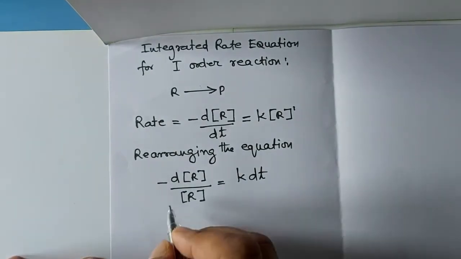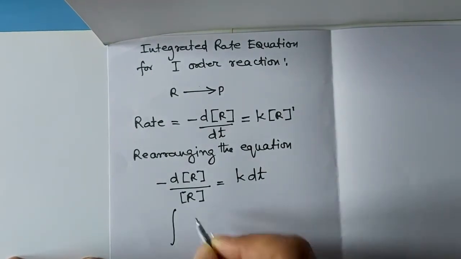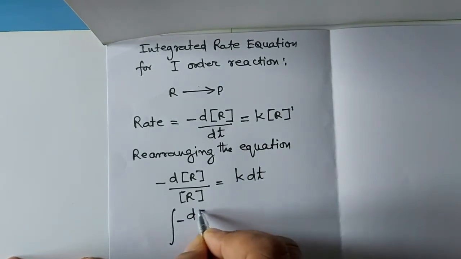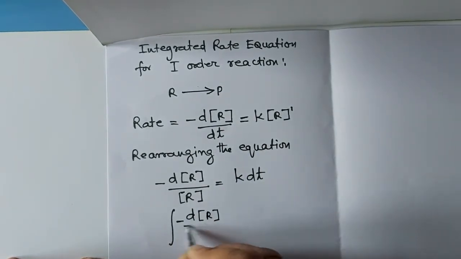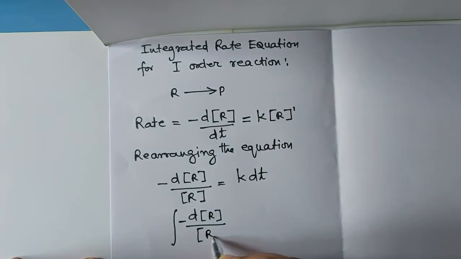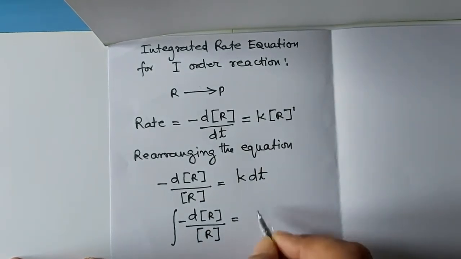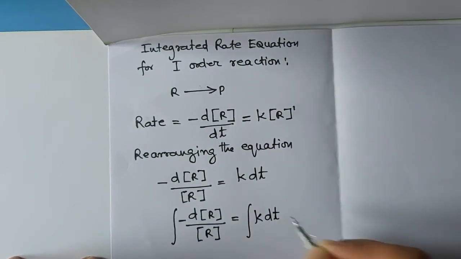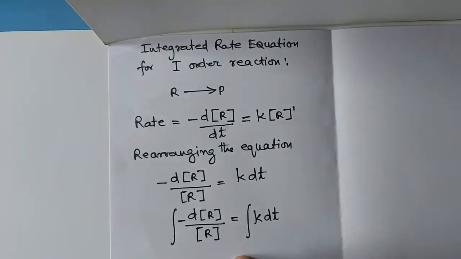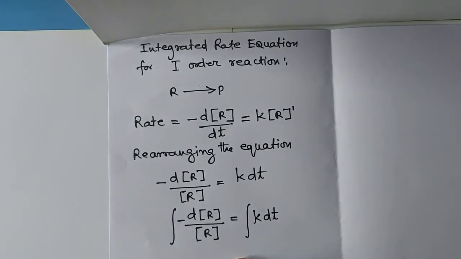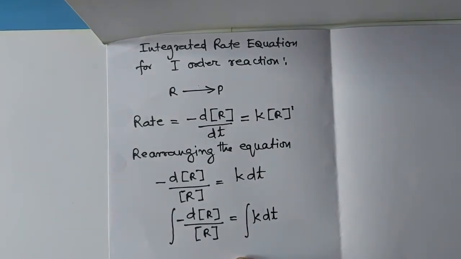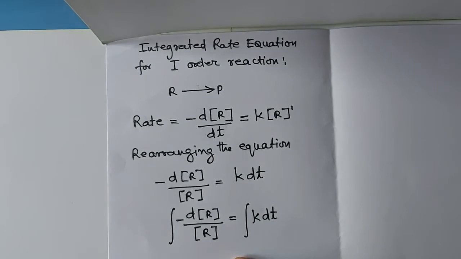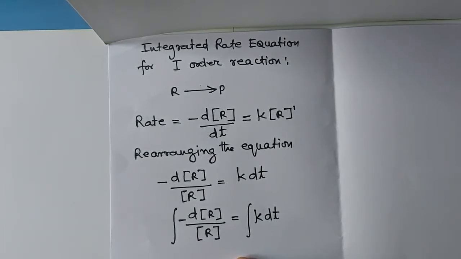So let's integrate. We have this value. Now we have to apply the formula according to the integration rule. So we are in that case going to get a value.